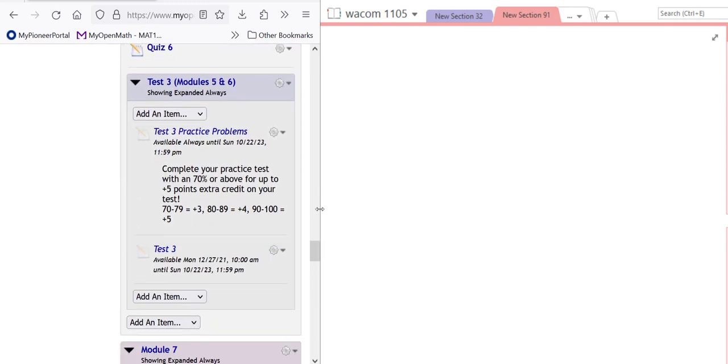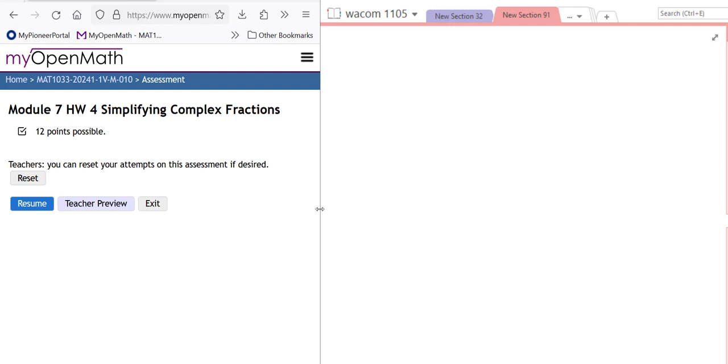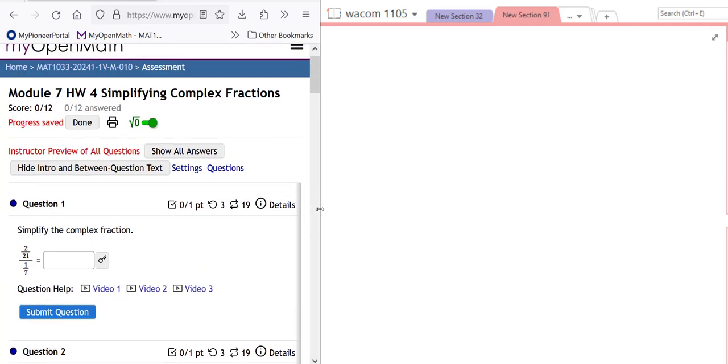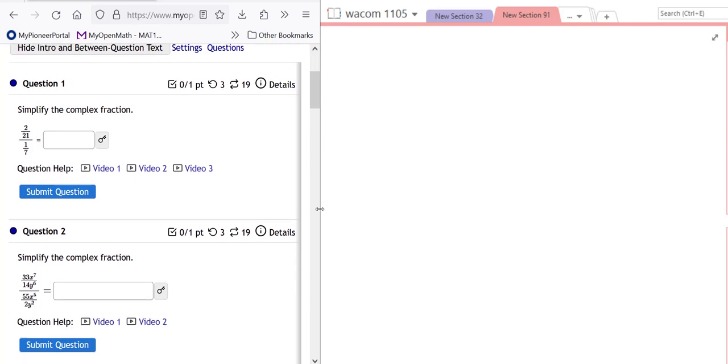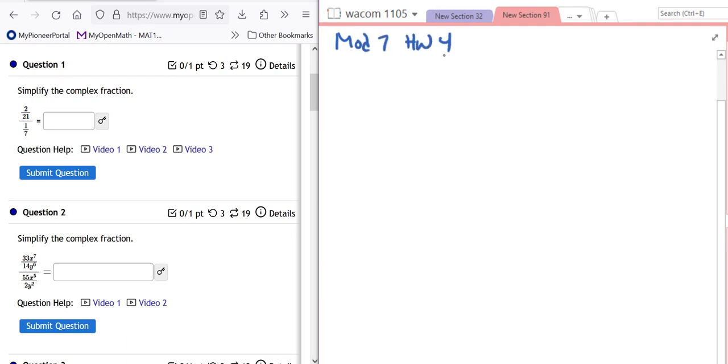And this one is complex fractions. So it is Mod 7 Homework 4. Right, and it is complex fractions.